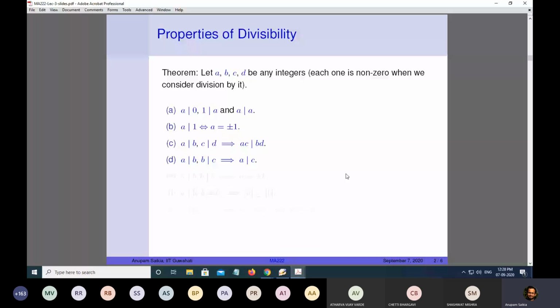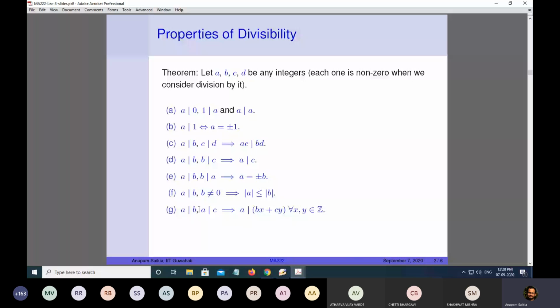So this is clear. And if A divides B and B is non-zero, then mod A is less than or equal to mod B. This is very elementary, but very useful.